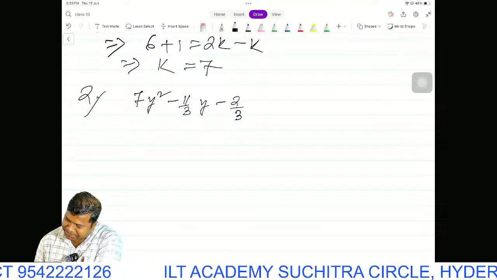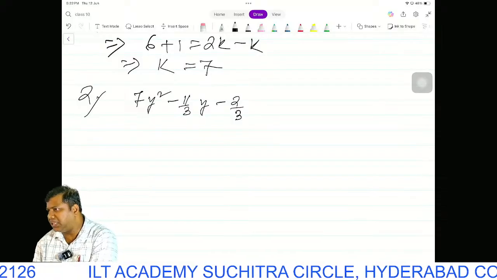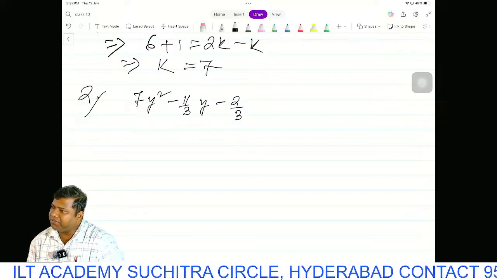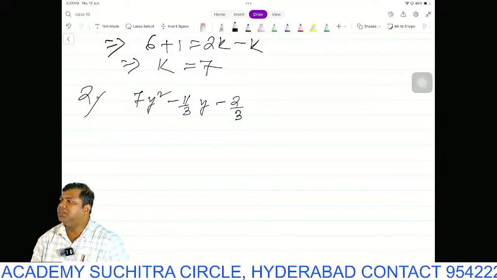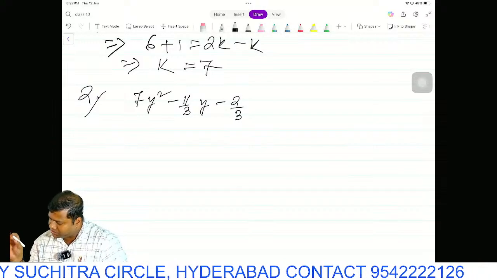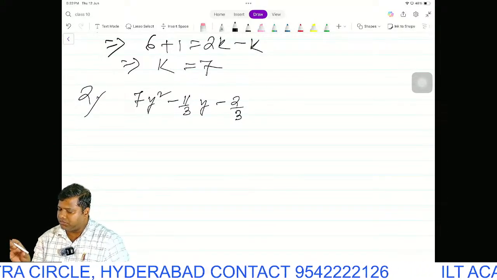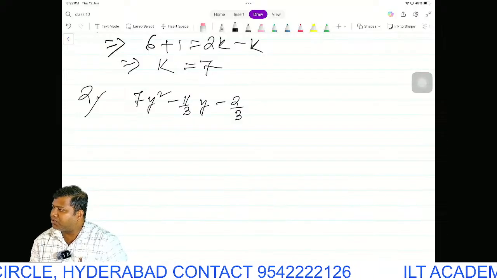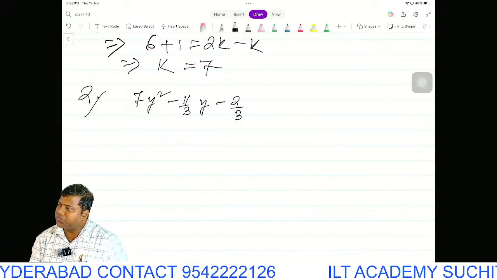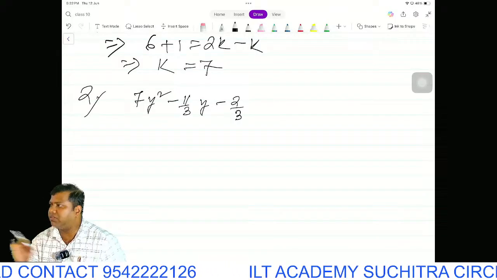Multiply by 3, because what we know is, if we multiply any polynomial by any real number, then its zeros will be the same only. It doesn't matter with what real number you are multiplying, the zeros will be exactly the same. So whatever zeros this polynomial is going to have, if I multiply it by 3, it will have the same zeros. The zeros are never going to change, right?